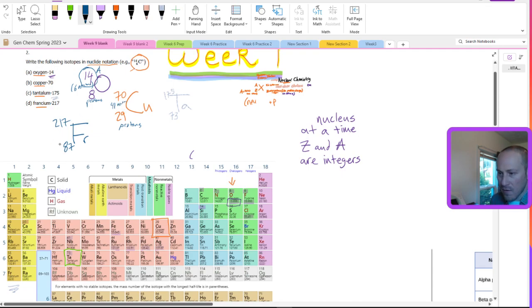And over here with our francium, we have 87 protons, so we must have 130 neutrons. And for tantalum, we have 73 protons, so that must be 102 neutrons. This question did not ask us to find the number of neutrons, but it's that simple, and other questions quite likely will ask you to find that. So that's the thinking.